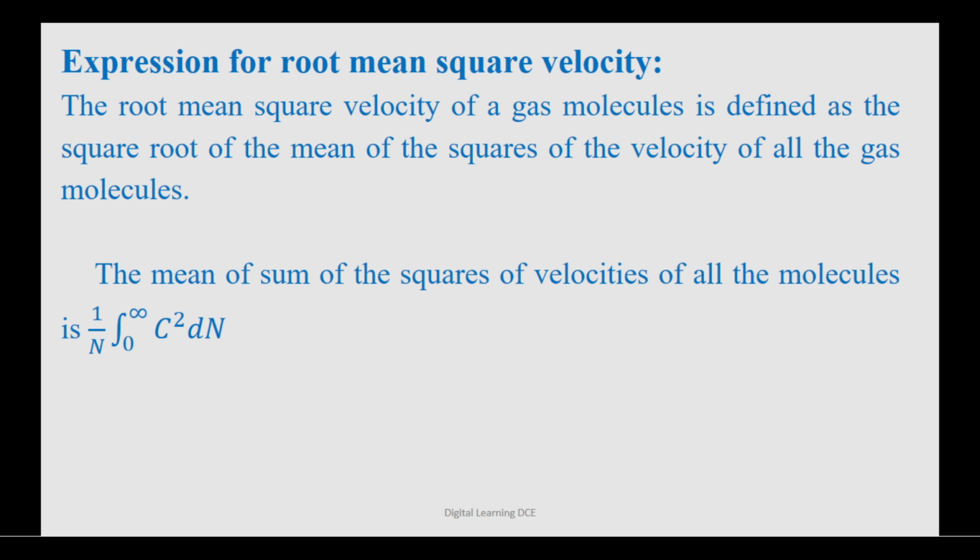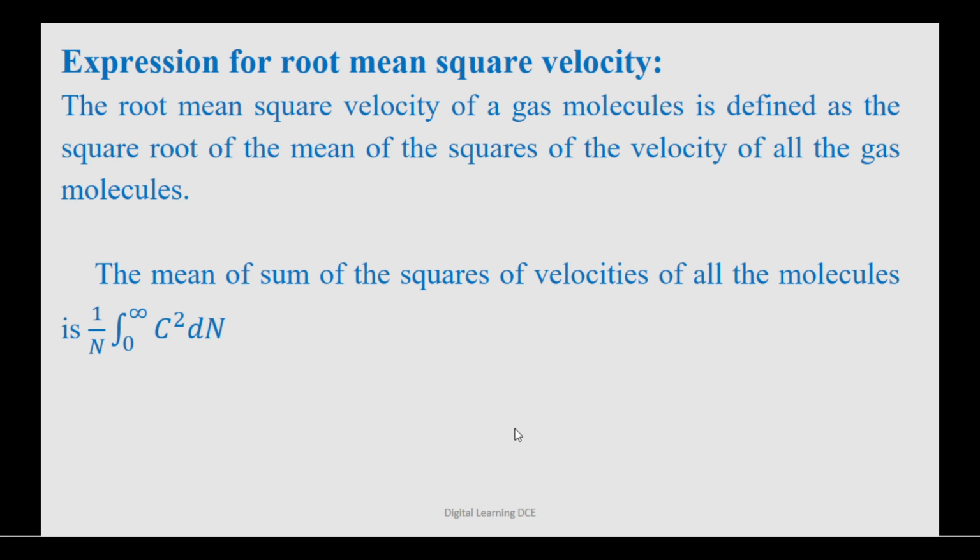Next, we will discuss the equation representing the root mean square velocity of gas molecules. The root mean square velocity of the gas molecules can be defined as the square root of the mean of the squares of the velocities of all the gas molecules.